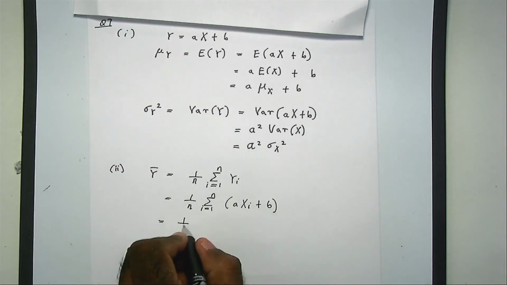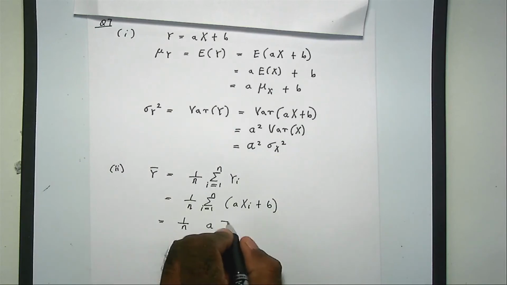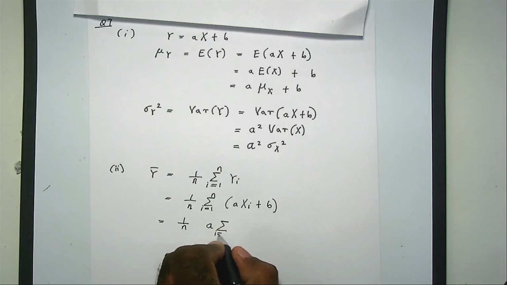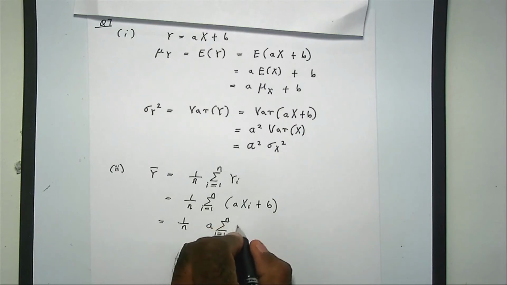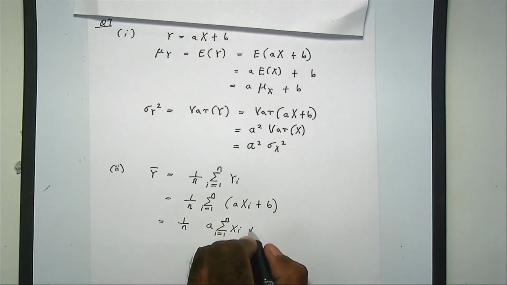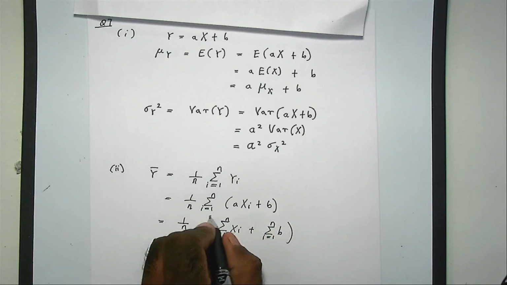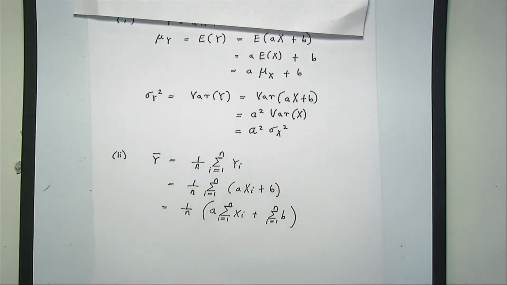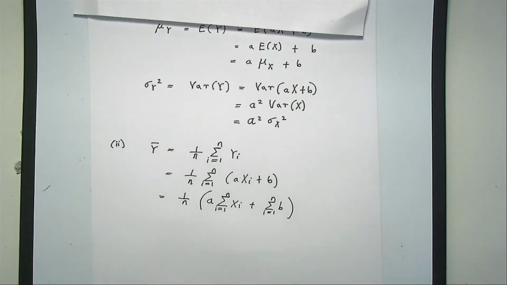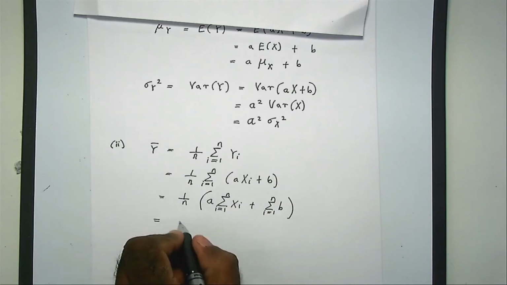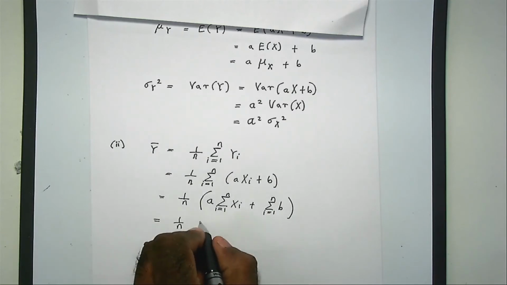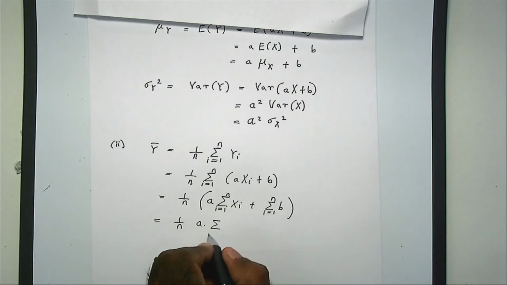This will be 1 over n times a times the sum of x_i.